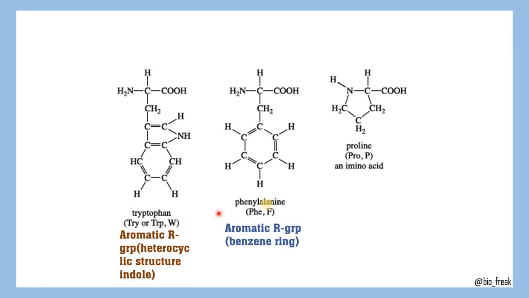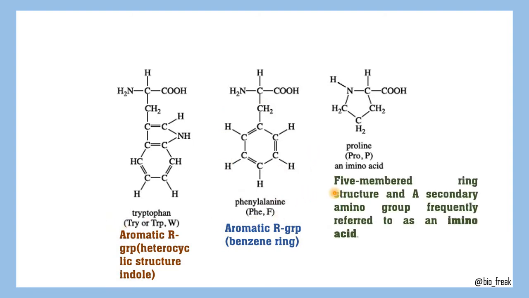You have tryptophan and phenylalanine under the non-polar amino acid category, and tryptophan has a heterocyclic indole structure. So this is the indole structure over here. This is an aromatic amino acid. Phenylalanine again has a benzene ring, an aromatic R group. Just remember this too, again very important.